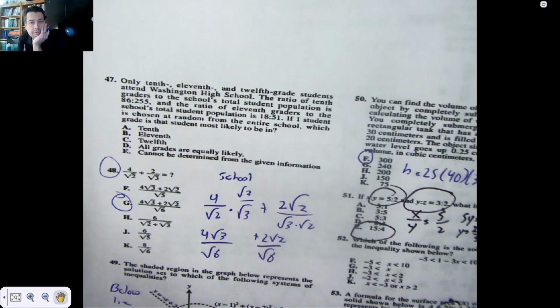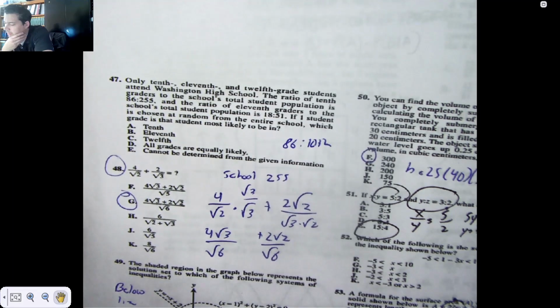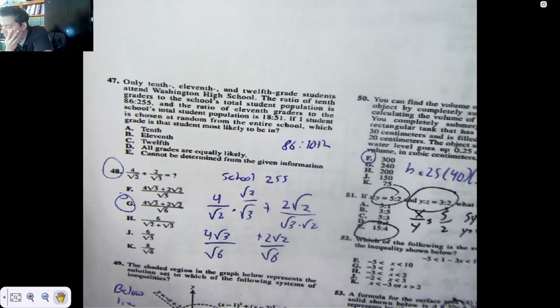Only 10th, 11th, and 12th grade students attend Washington High School. Let's see here. There's a total population of 255. There are 86 10th graders. The ratio of 11th graders to the school's total population is 18 to 51.